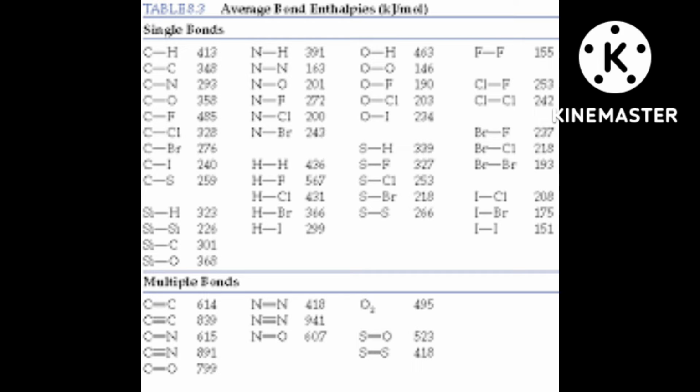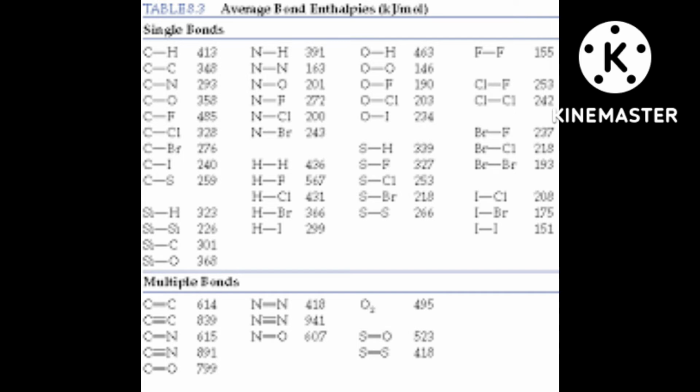In the case of chlorine, it will give 2 atoms of chlorine in gaseous phase. Always write a small g near the chlorine atoms. And how much heat is required? Delta H is equal to 242 kilojoule per mole.